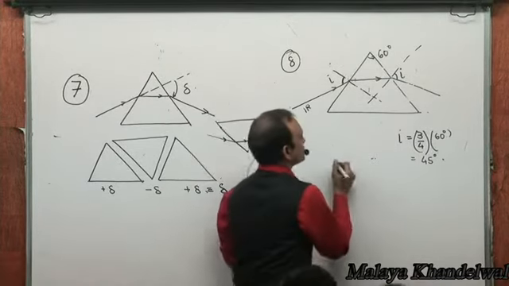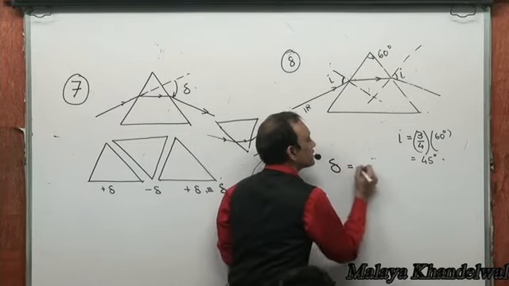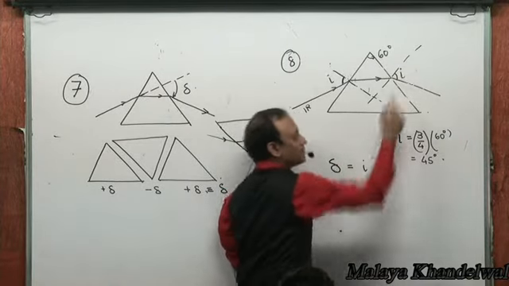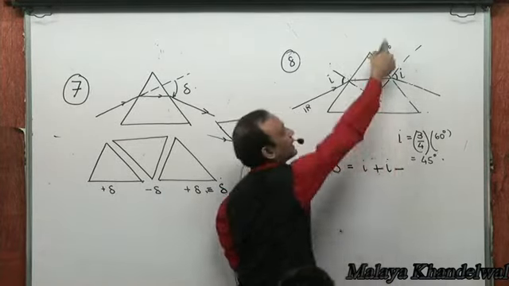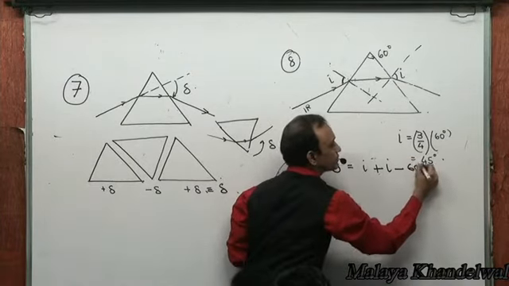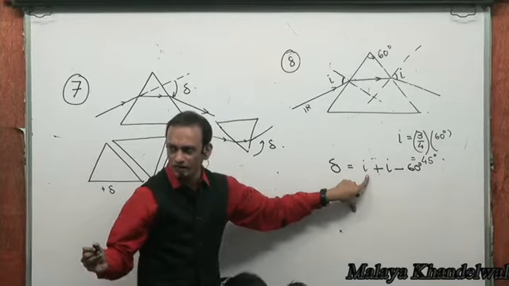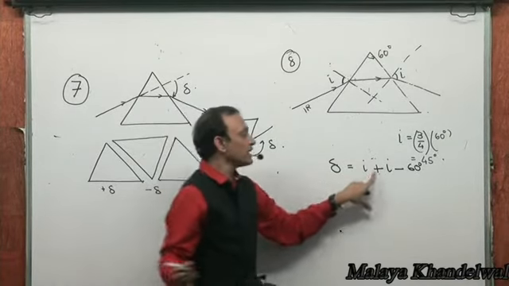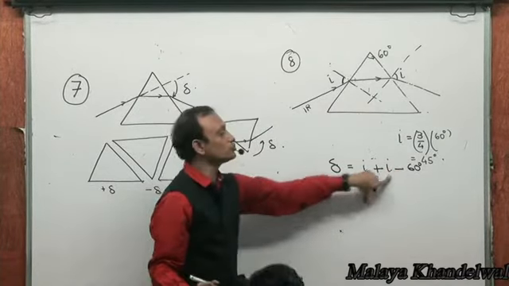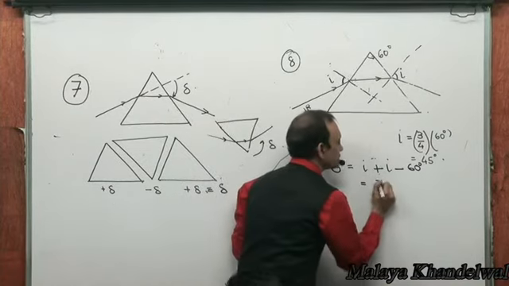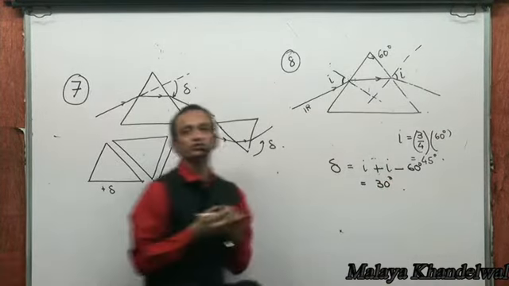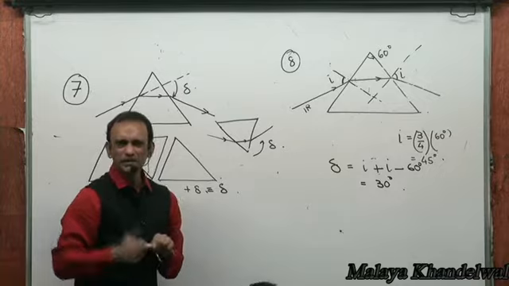Very clearly, the deviation is I plus I prime minus the angle of the prism, 60 degrees. In this case I prime is equal to I. So 2I minus A is 90 minus 60, that means 30 degrees is the deviation produced by this prism. Very simple, isn't it?